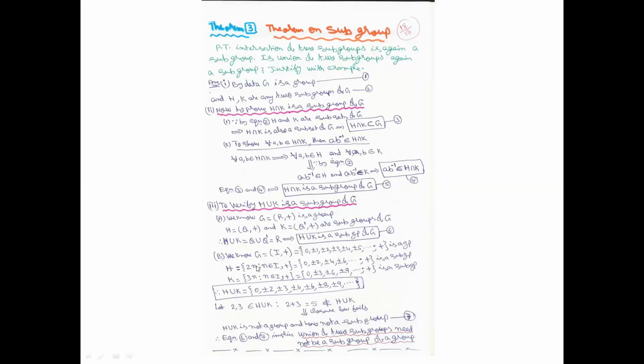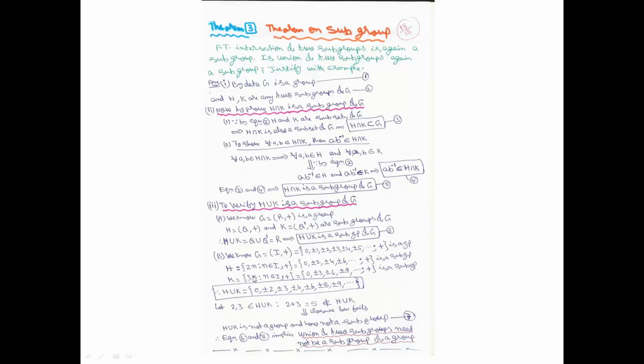I have done this problem under the groups chapter. So H is the set of 2n, where n belongs to the set of integers. In detail, the elements are 0, plus or minus 2, plus or minus 4, plus or minus 6. If you want to verify, it will form a group and hence it is a subgroup of G.